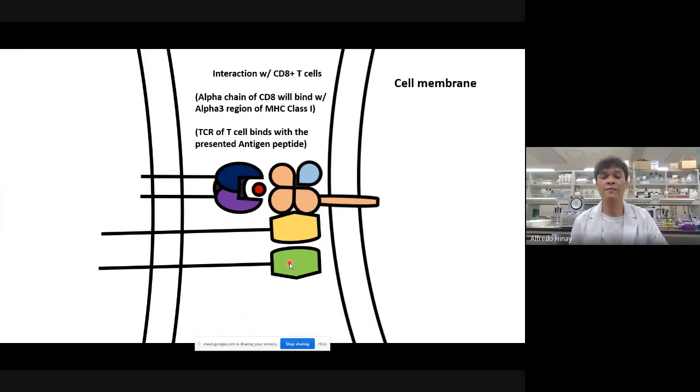And then pag na-activate na, pag nag-interact na sila class, then your CD8 will release cytokines. So take note with that one. So that is the process of your class 1. So if you have some questions and clarifications, kapag hindi nyo pa naintindihan yung concept, please go back again class, so you can understand the process.